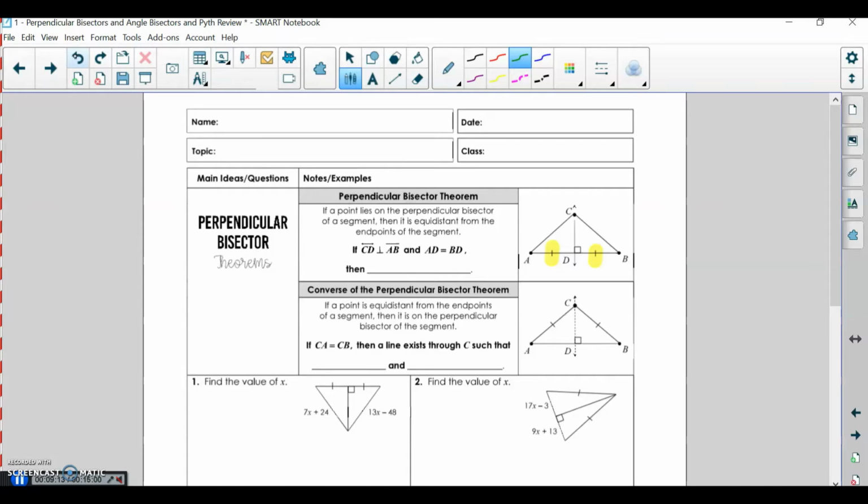Can I put the dot here? Yes or no? Yes. If a point lies on the perpendicular bisector, is that green point on the perpendicular bisector? Then it's equidistant from the endpoints, meaning it doesn't matter where you put it, this is going to be congruent to this. I could put that point anywhere along that perpendicular bisector and that would be true.